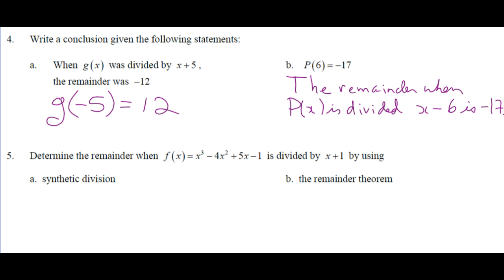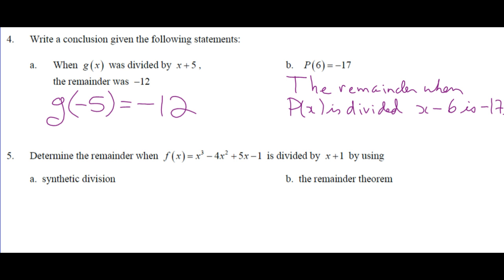And that's what they said. I just didn't write it correctly, but thank you. We need a good record of this, right? Okay, so we're just saying it works both ways. If you know you divided by something and got the remainder, then you know that if you evaluate the function at x minus a, so with x plus 5, then it's negative 5.